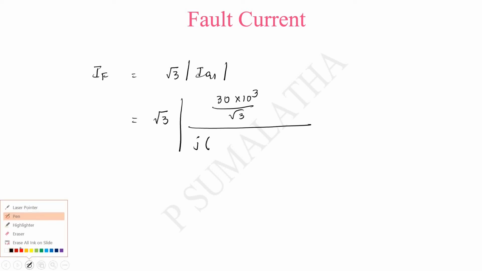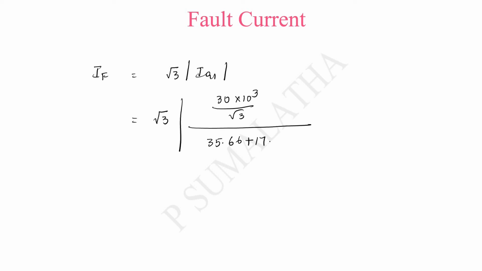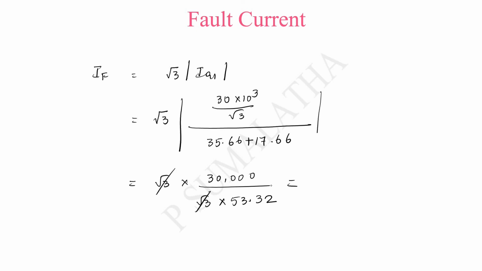Since we are considering the magnitude, you can represent only the magnitude value, that is 35.66 plus 17.66. So we get √3 into 30,000 divided by √3 into 53.32, and this √3 will get cancelled. Finally, we get the fault current as 562.64 ampere. So this is the required current.